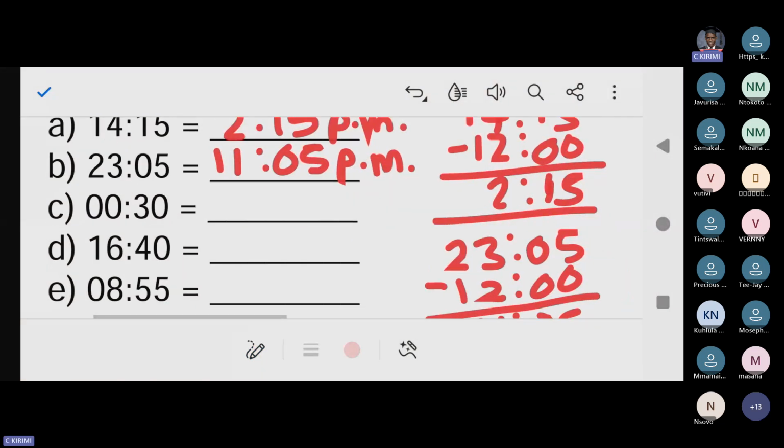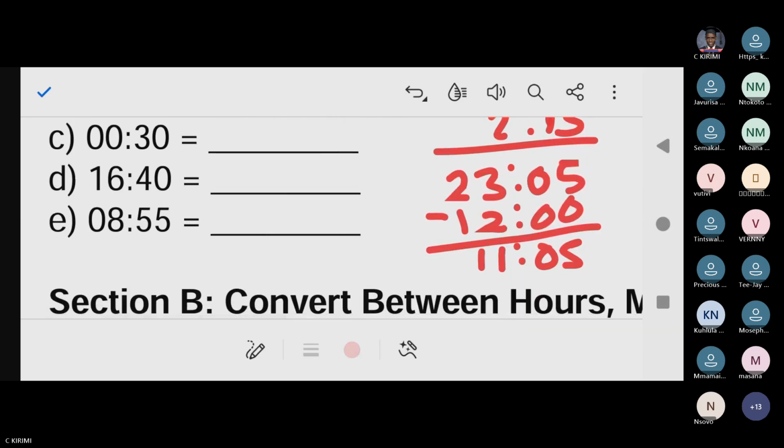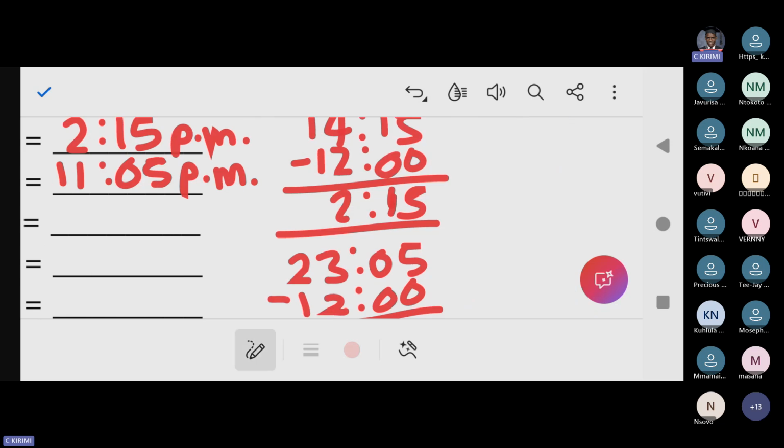And then for 00:30, you are indicating that that time is how many hours? If it has passed midnight, it's AM. So instead of writing PM, you're writing AM. So you do the same: 0, 0, which means it's 30. Then you subtract the time it has passed midnight.